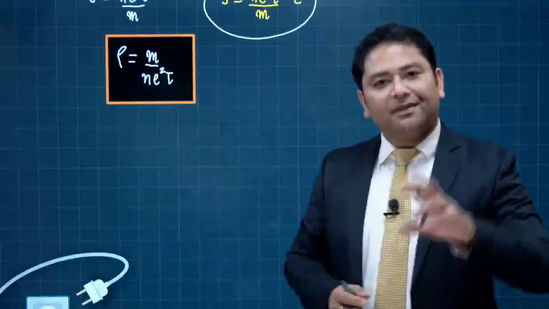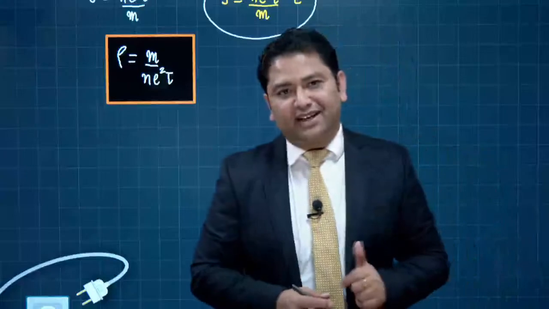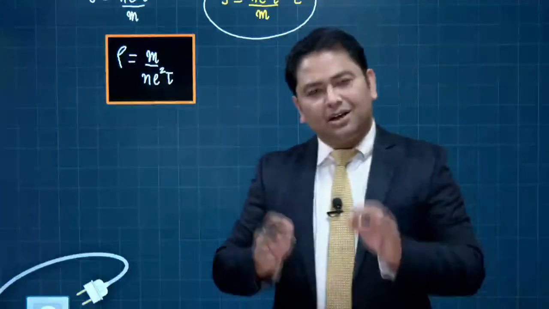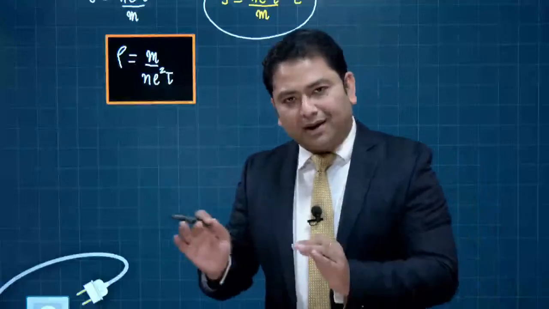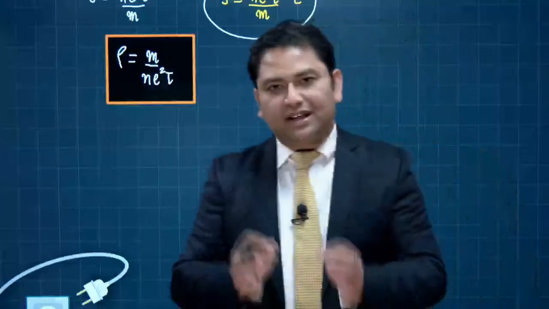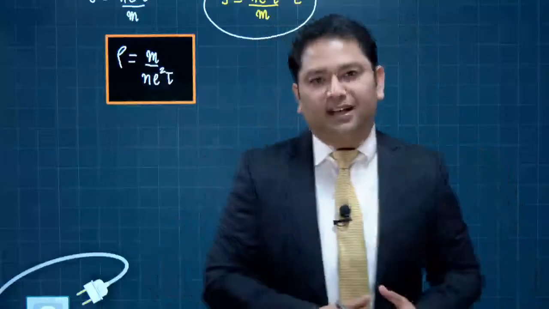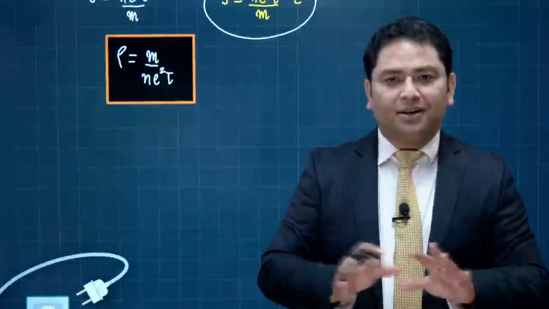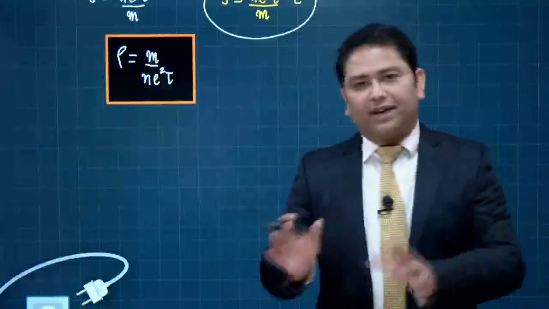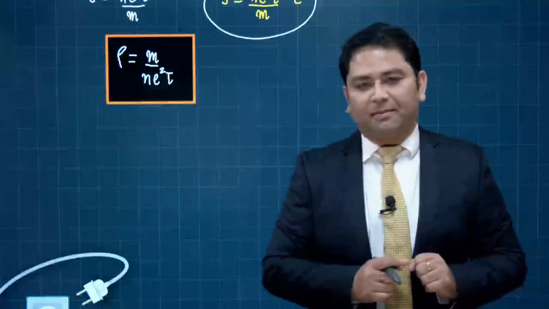Relaxation time, this also varies with material. Different material has different relaxation time. तो इससे ये बात स्पष्ट तरीके से हम समझ पा रहे हैं कि resistivity केवल nature of material पे depend करती है, right? Not on geometry. But हाँ, अगर material अलग-अलग लें, the value of resistivity changes.